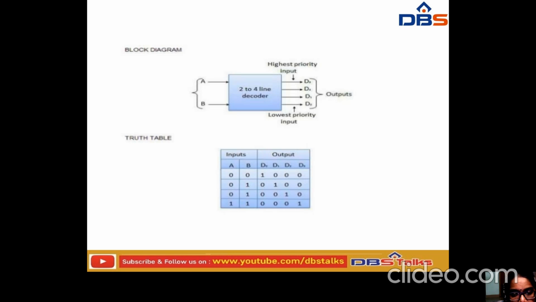So at the 0th place we keep the one here. At the first place we keep the one here. This is the second place, so at the second place we kept the one here. And this is the third place, so at the third place we kept the one here. Okay. This is the truth table for a decoder. And this is the block diagram for a decoder.